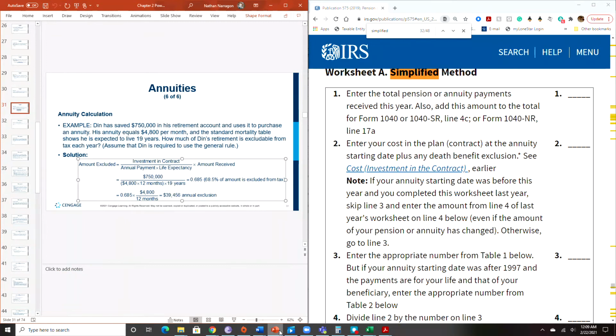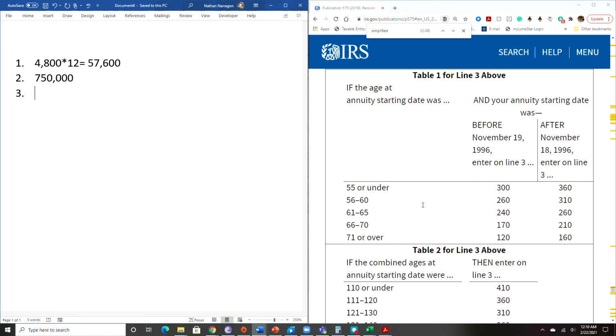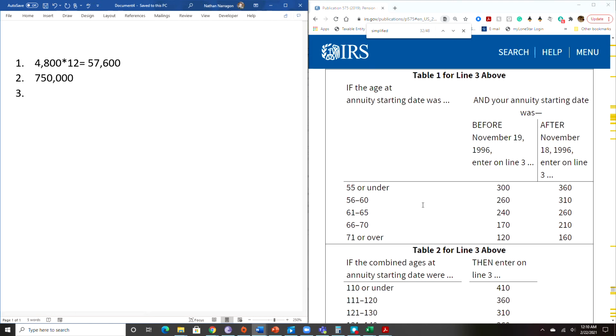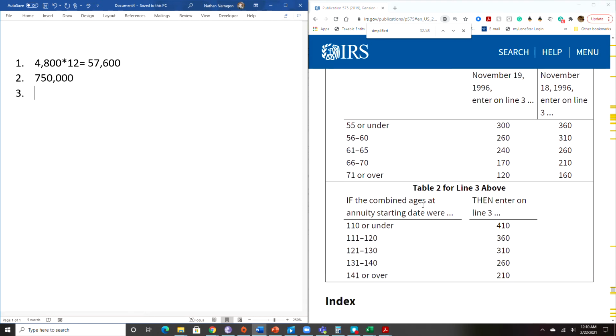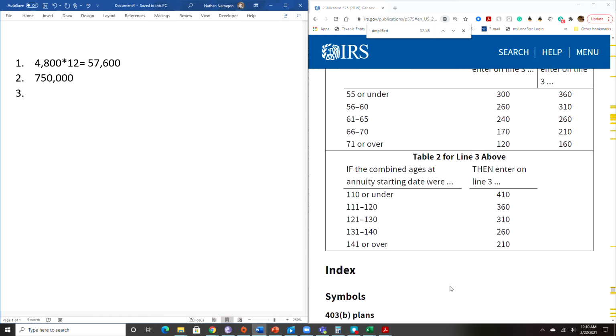Double check. Alright. Line 3. Enter the appropriate number from table 1 below, but if your annuity starting date was after 1997 and the payments are for your life and that of your beneficiary, enter the appropriate number from table 2. Let's just say table 1. Okay, so really we don't have all the information that we need. This is married.